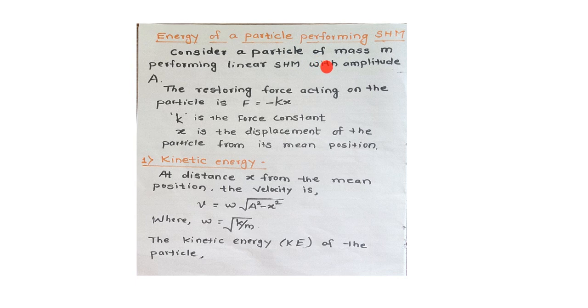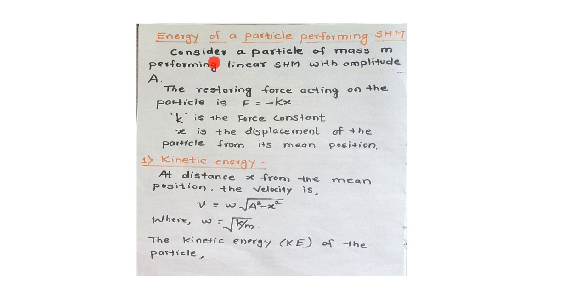That means it possesses kinetic energy at all positions except at the extreme position, and except at the mean position the particle occupies various positions. This is an indication that work is done and the system has potential energy, and the total energy of the particle performing simple harmonic motion is thus the sum of its kinetic and potential energies.